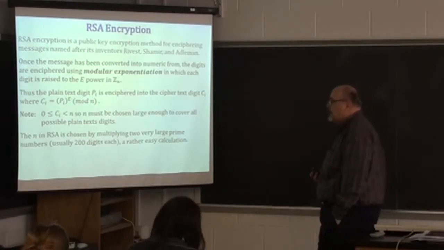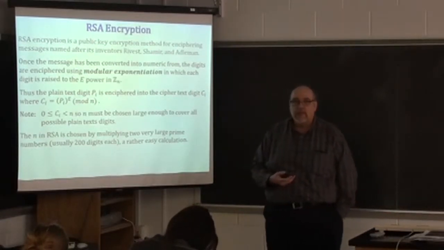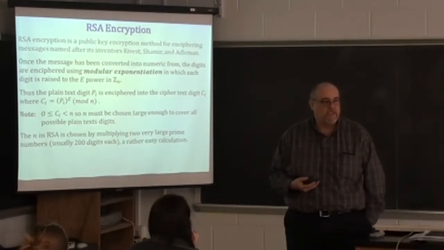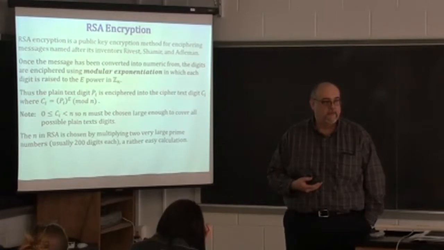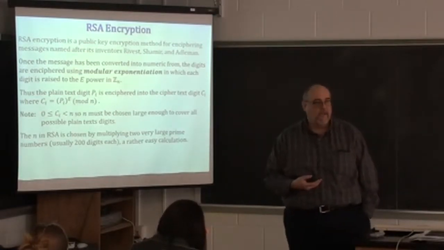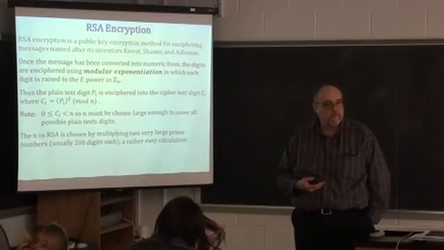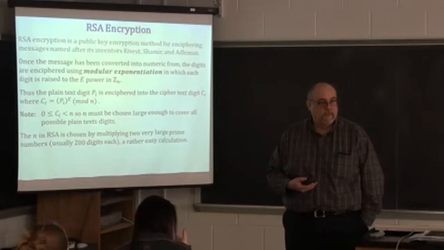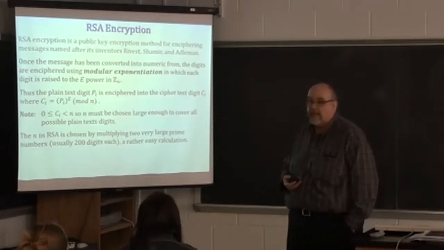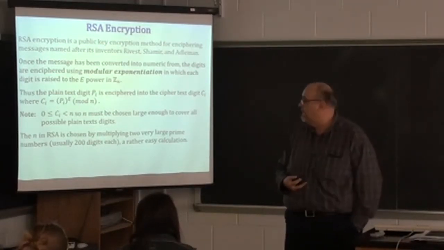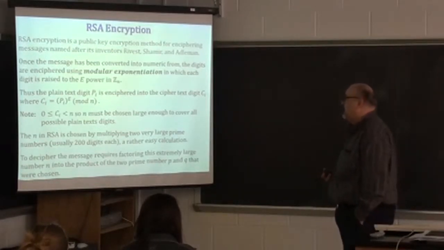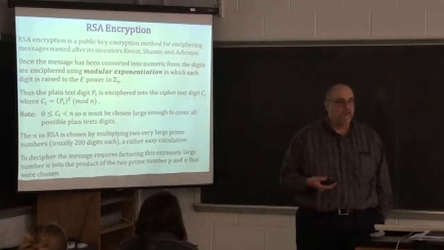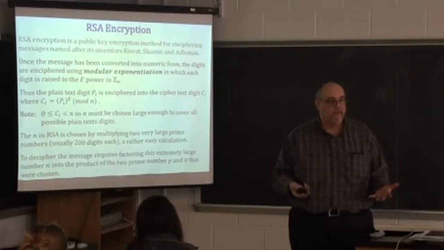The n in RSA is chosen by multiplying two very large prime numbers, somewhere around 200 digits each. So that after multiplying, then you have numbers that are at least how many digits? 400. So you're dealing with a very big n. But multiplying those 200-digit numbers together is a rather easy thing to do, and a computer can do it rather quickly.